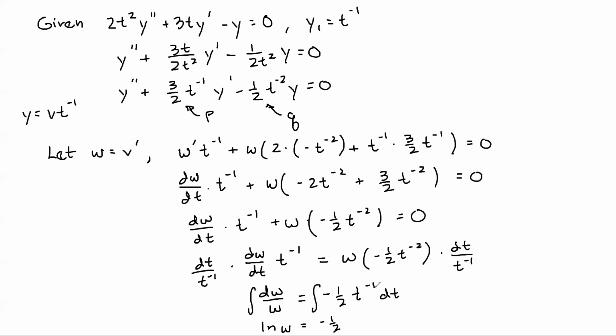And then integral of t to the negative 1 dt, that's going to be ln t plus c. And then you can take both sides and, let's just go to the next page. So what do we have? We have ln w equals negative 1 half ln t plus c. So you can take both sides and plug them in as the exponent of e.